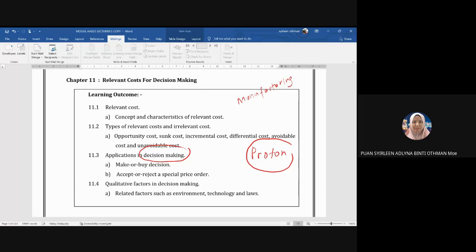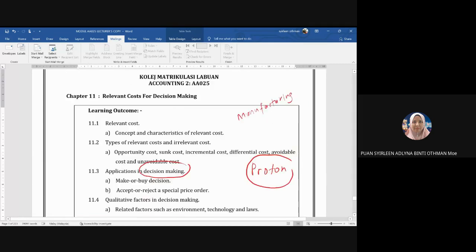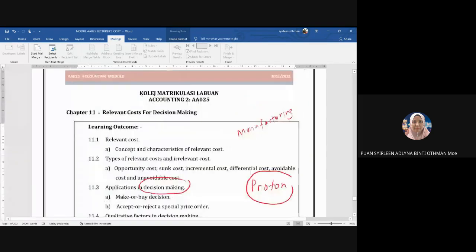So bila dia pasang kereta nasional tu, dia tak manufacture every parts of the car. Dia tak buat sendiri tahu sebenarnya. Walaupun kereta tu ialah kereta nasional, tapi it comes in parts and certain parts are not manufactured by Proton itself. That means Proton beli parts daripada company lain.